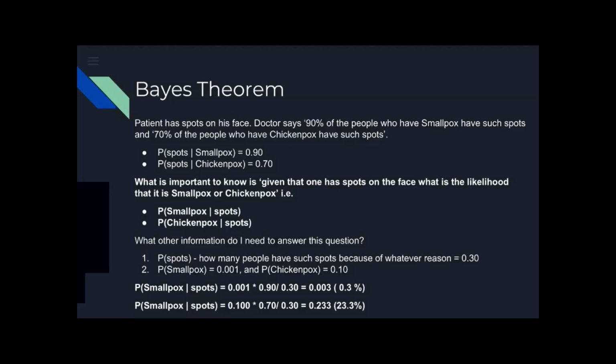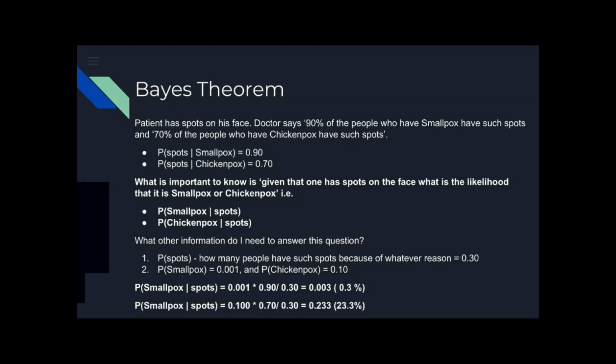And therefore, if we combine these two things, we can intuitively think that the chances that this person has chickenpox is much higher compared to the chances that this person has smallpox, because the occurrence of smallpox itself is very rare.